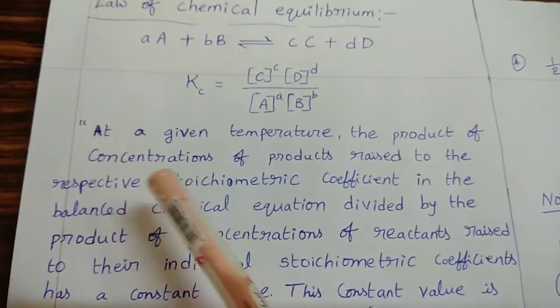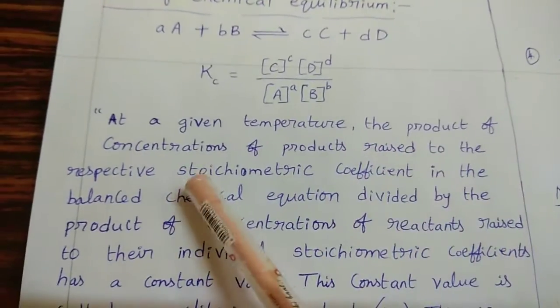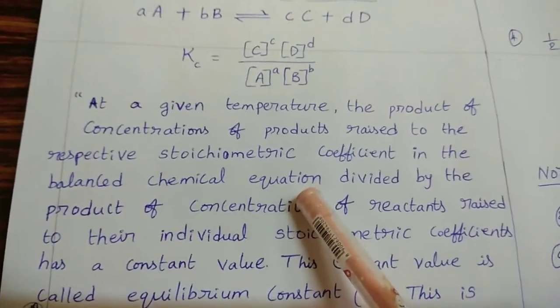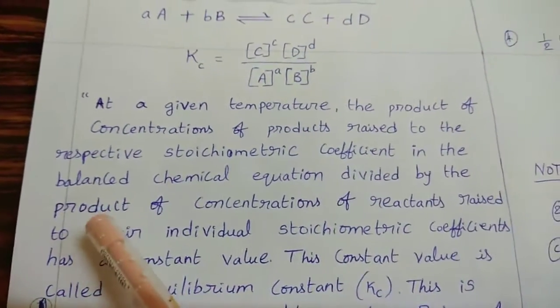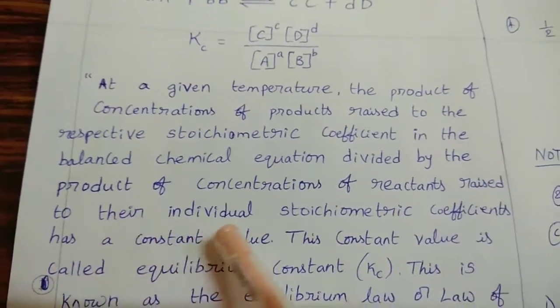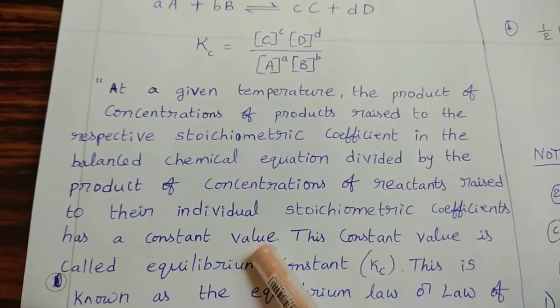See the statement for the law of chemical equilibrium. At a given temperature, the product of concentrations of products raised to their stoichiometric coefficients in the balanced chemical equation, divided by the product of concentrations of the reactants raised to their individual stoichiometric coefficients, has a constant value.